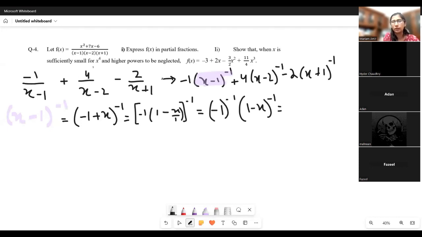So minus 1 power minus 1 is just minus 1, and 1 minus x power minus 1.